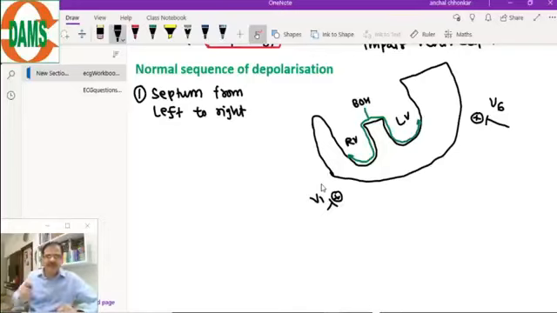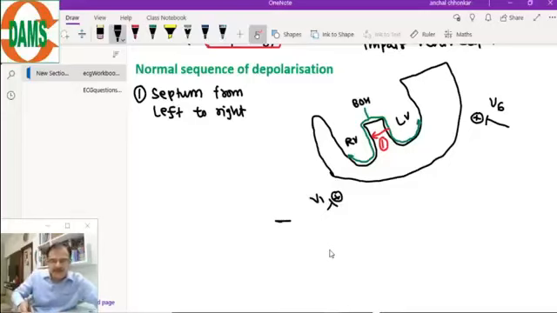So this is event number one. The septum is getting depolarized. In V1, the ECG needle will be at the baseline, its default position, until it detects any current or any movement of charges.